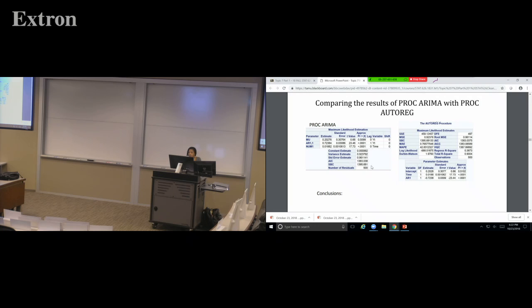You might be concerned: we have our autoregressive parameter 0.72 in Proc Arima, and the phi for AUTOREG is negative 0.72. I don't know if you've ever encountered that in your past using another software system, but there are many software systems, and AUTOREG is one of them, that model moving average and autoregressive models with negative signs in their formulas. Instead of using addition, they're using subtraction.